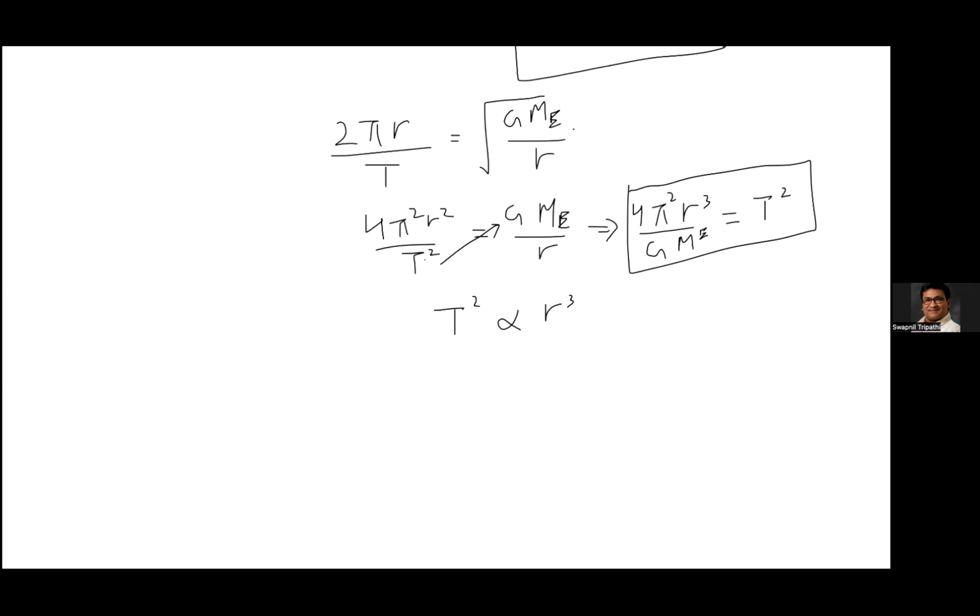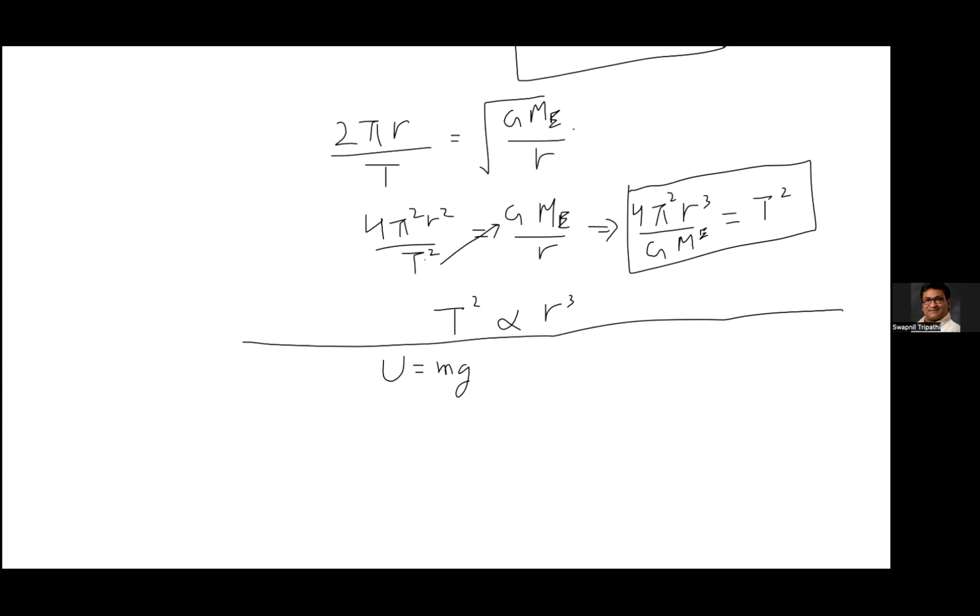Another important topic to learn here is gravitational energy. When we are on the surface of the Earth or close to it, we say that the gravitational potential energy, which is sometimes denoted by U, is mgh.